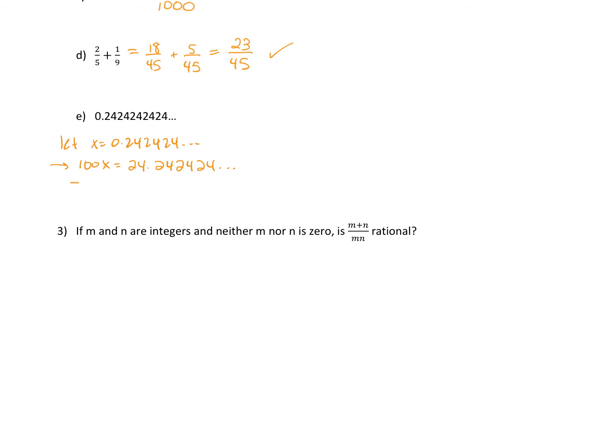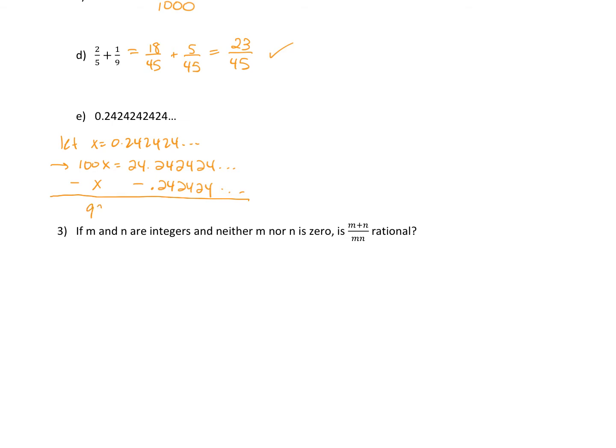On the left, I'm going to subtract x, and on the right, I'm going to subtract 0.242424 because those things are equal, right? X equals 0.24242424. So I'm going to subtract x on the left and 0.242424 on the right. And in fact, I'm subtracting the same thing from both sides of the equation because that's just two ways of writing the same thing.